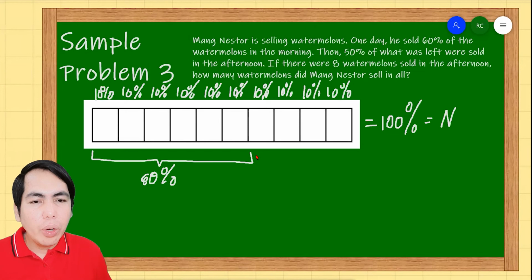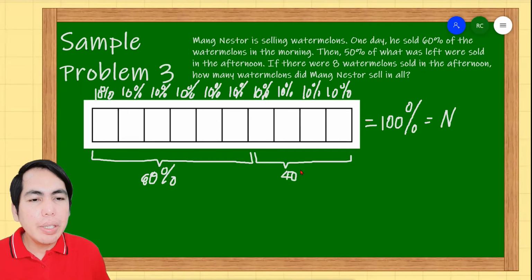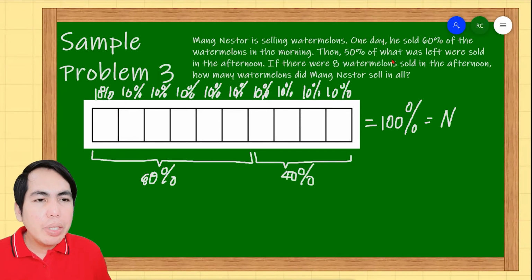So therefore, what was left of the watermelons to be sold was 40%. Now, 50% of what was left were sold in the afternoon. So meaning to say, half of what was left were sold in the afternoon. So meaning to say that he sold 2 units or parts in the afternoon.